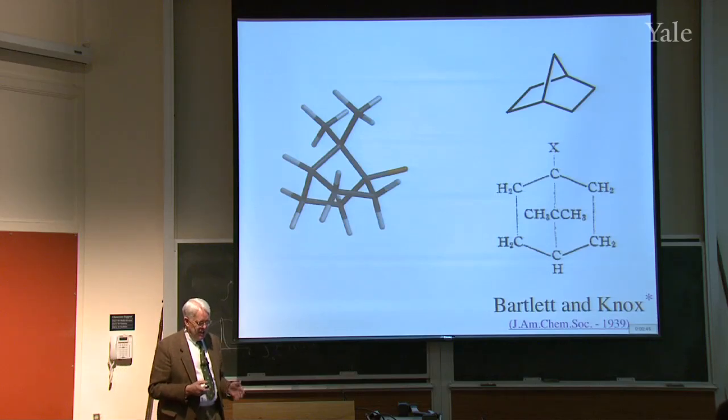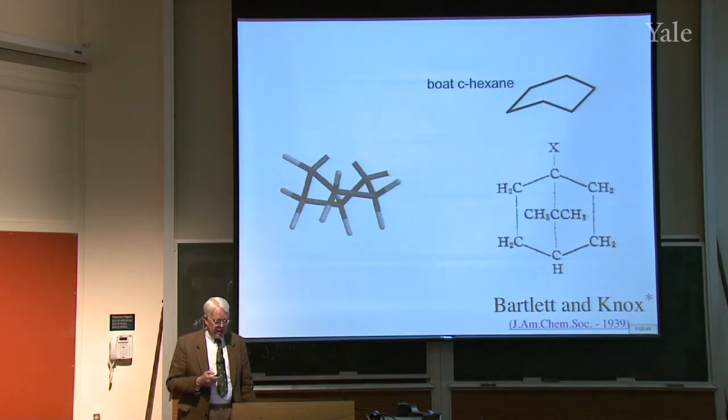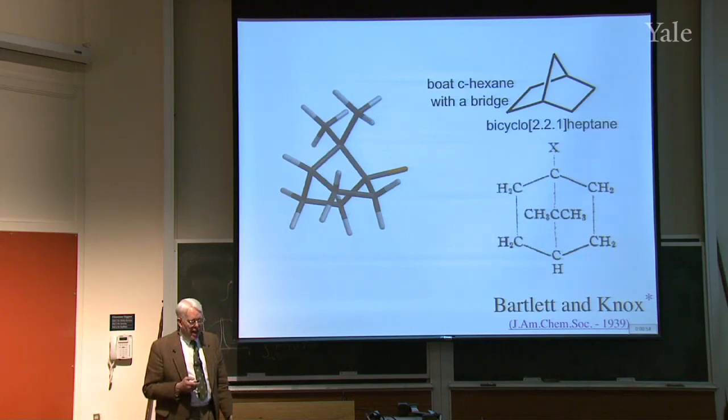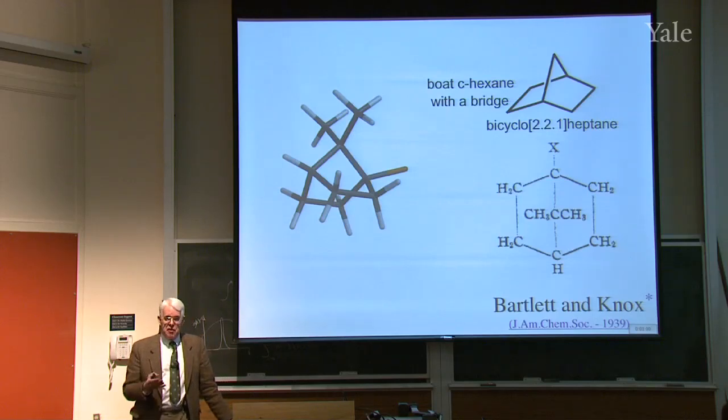Okay, so that's this case, and notice what it is: a boat cyclohexane that has a bridge across the top. So it's a bridged compound. And formally, it's called a bicycloheptane. It's got 7 carbons, the 6 of the cyclohexane plus the bridge, right?